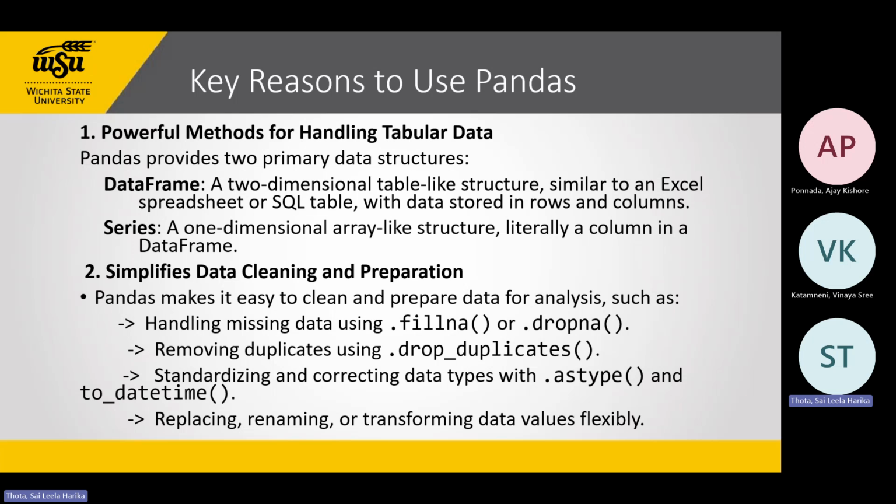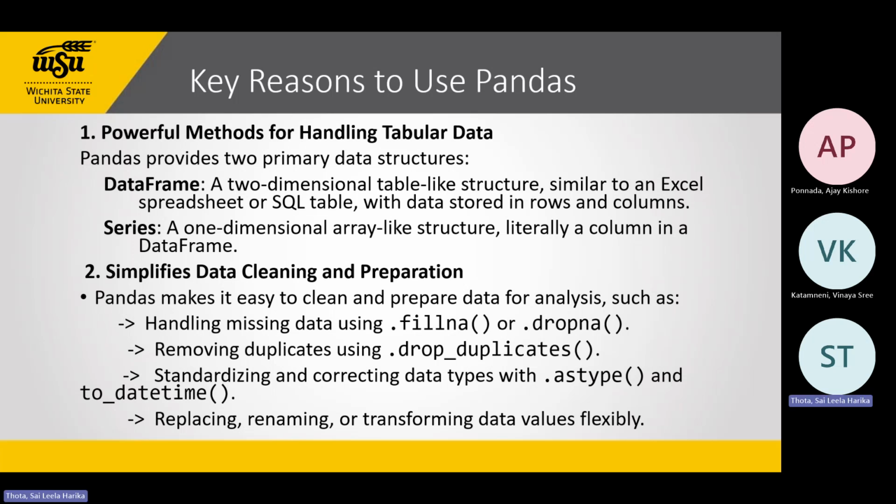You can simply drop that column, because you can't fill 80% of the data. You can fill maybe 2 to 5% of the data, but you can't fill the entire data. So if 80% of the data is missing, you simply drop it using dropna, or if only 2 to 3% is missing, you can fill it with some values. We will discuss this further with fillna.